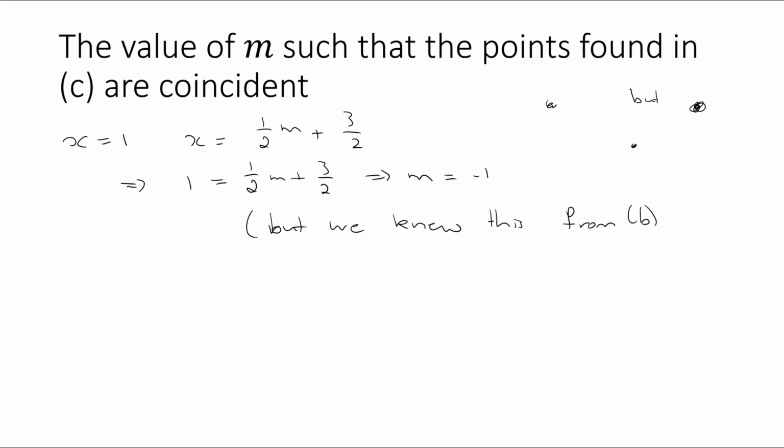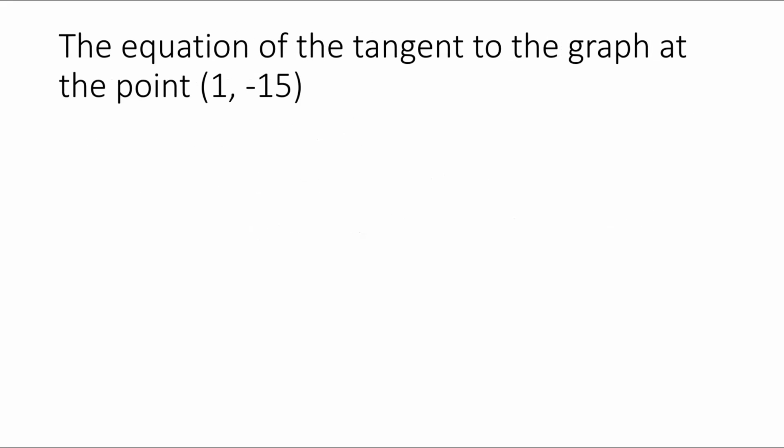All right, now the crux. Find the equation of the tangent to the graph at that point. Now we know the slope is -1, and we also know that the slope of the tangent is the slope of the curve at that point.